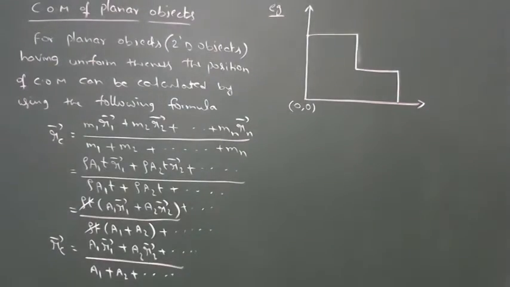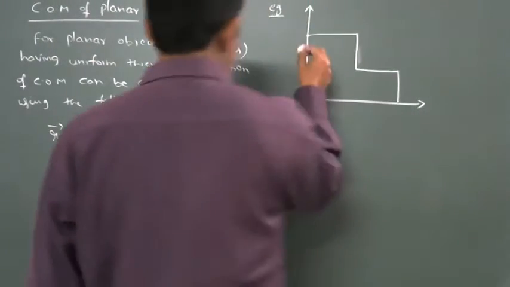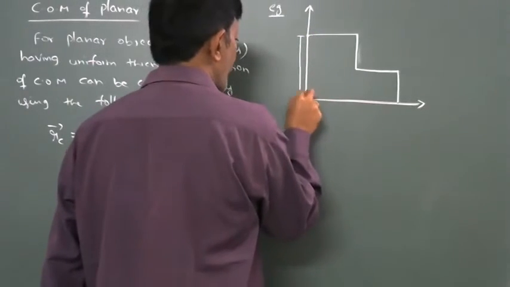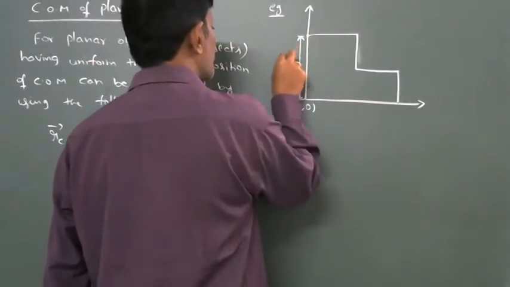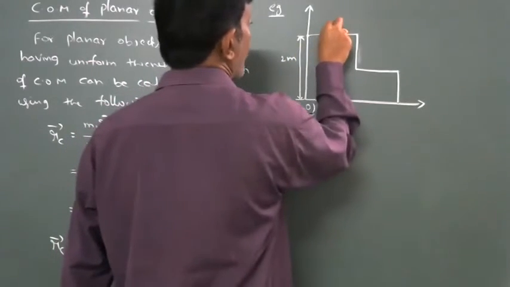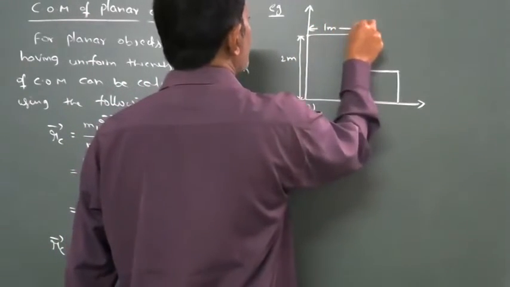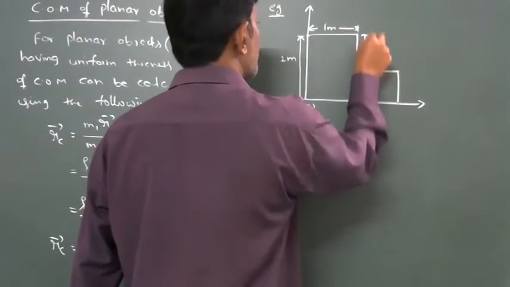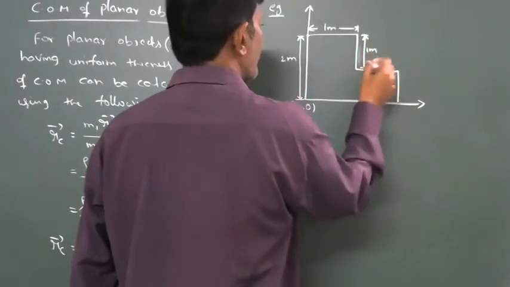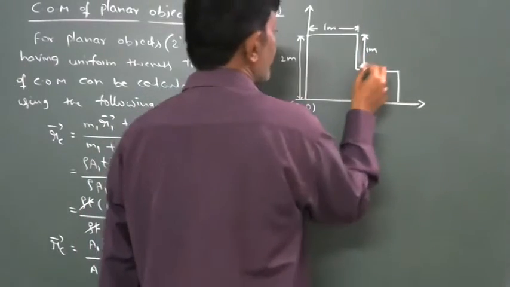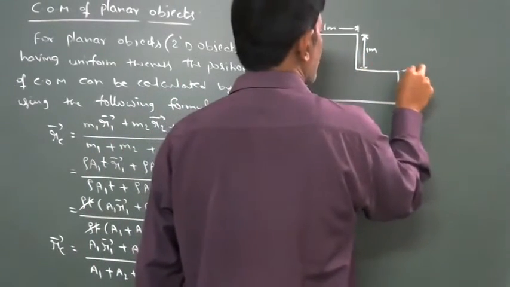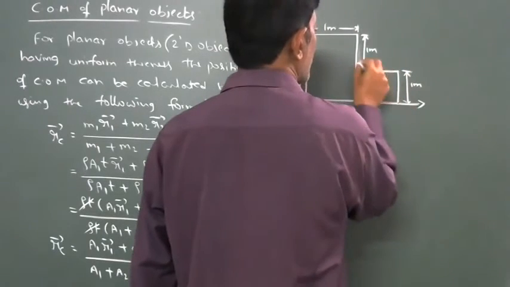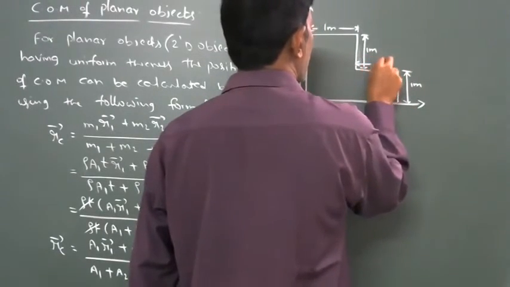The dimensions are: this is 2 meter, this is 1 meter, this is also 1 meter, this is 1 meter, and this is also 1 meter.